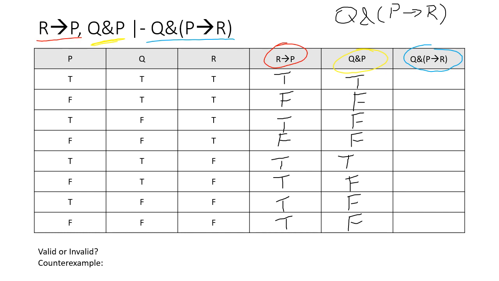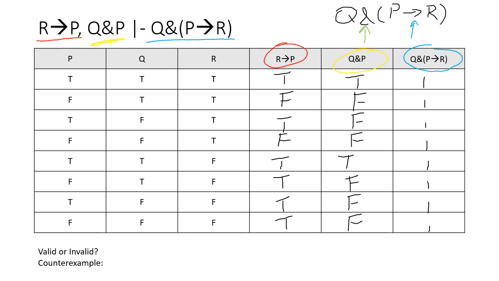Here, our main operator is the ampersand, because we can tell that because our arrow is in our parentheses set there. So that tells us we need to do the arrow first. And then we can do the ampersand.